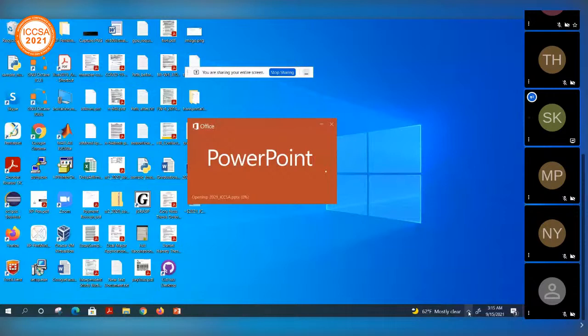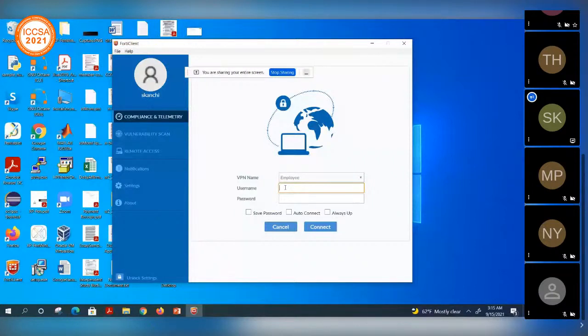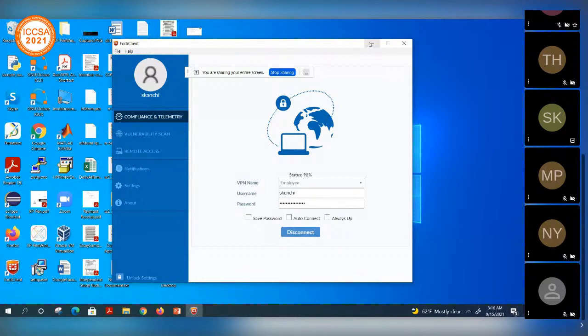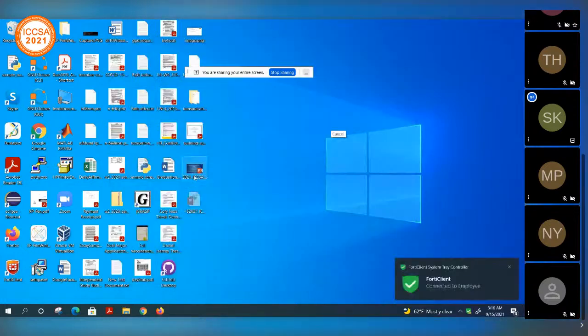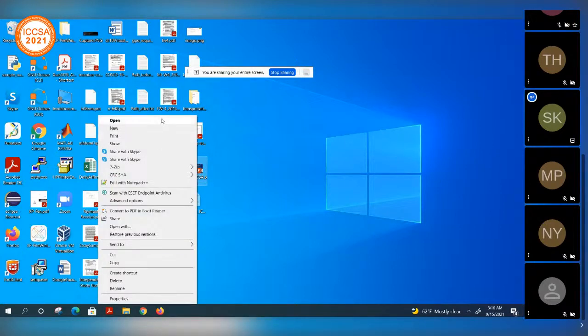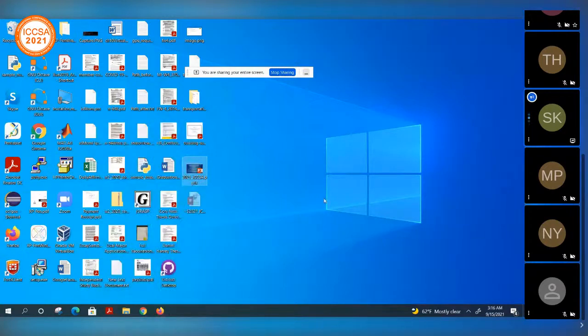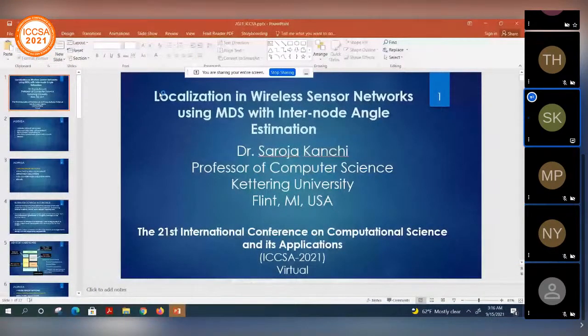I'm having a little bit of difficulty opening the slides, so it'll be a second. Can you see the slides now? Yes. Okay, very good.